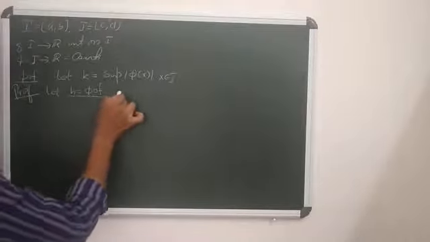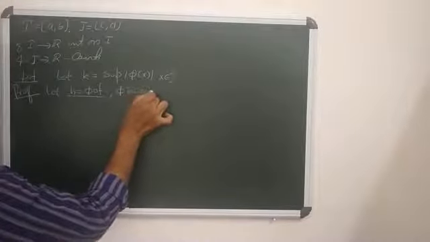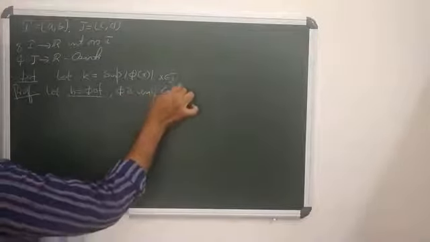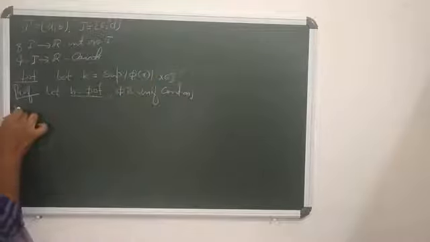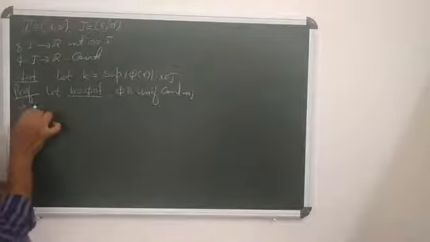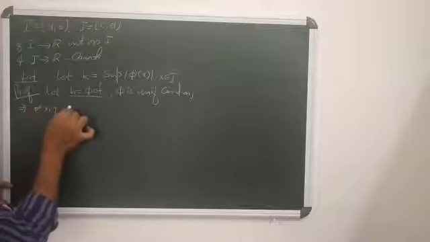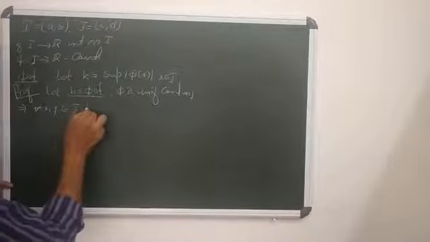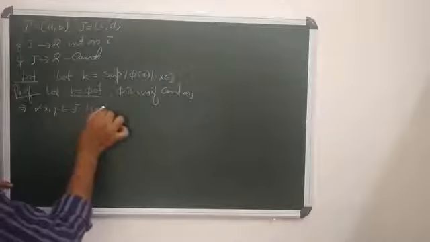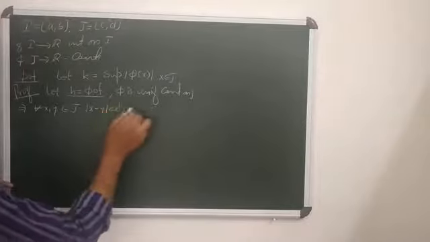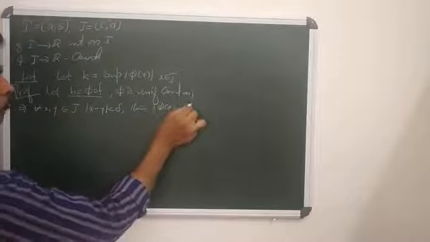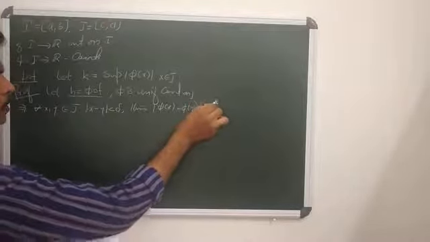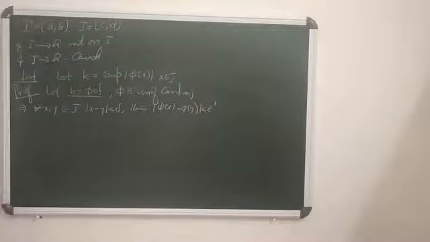So clearly phi is uniformly continuous on J. That implies for all x, y in J, if modulus of x minus y is less than delta, then modulus of phi of x minus phi of y is strictly less than some epsilon dash.